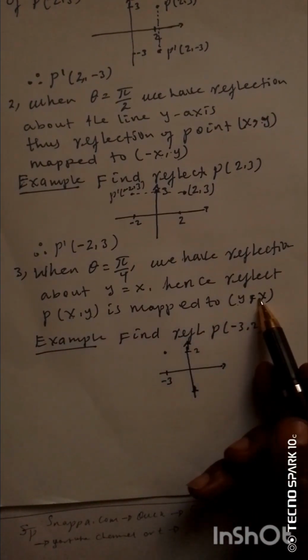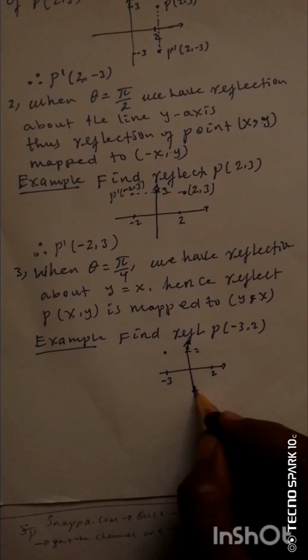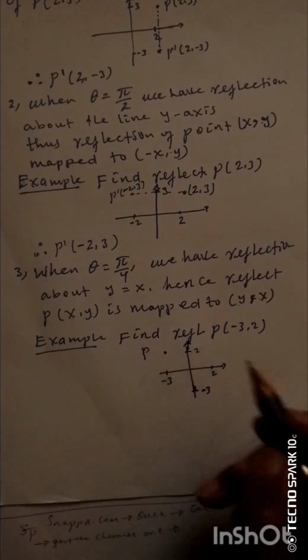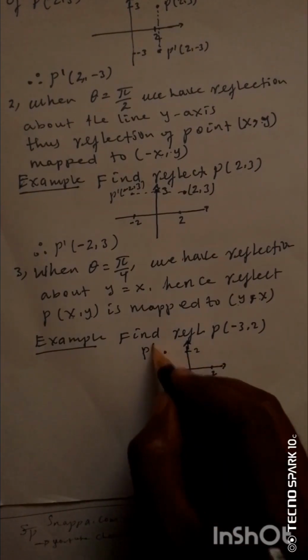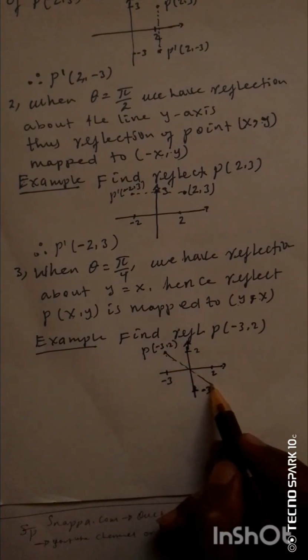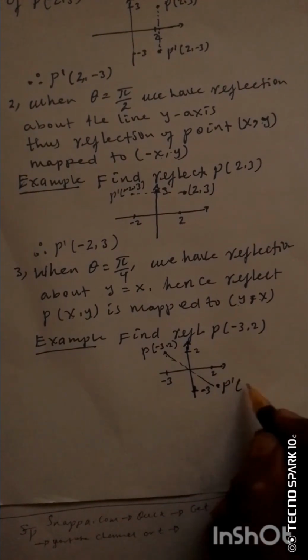Let's see this on the plane. Put the point first, minus 3, 2, on the coordinate plane, that is point P. Then the image is mapped to 2, minus 3 in the fourth quadrant, from the second to the fourth quadrant.